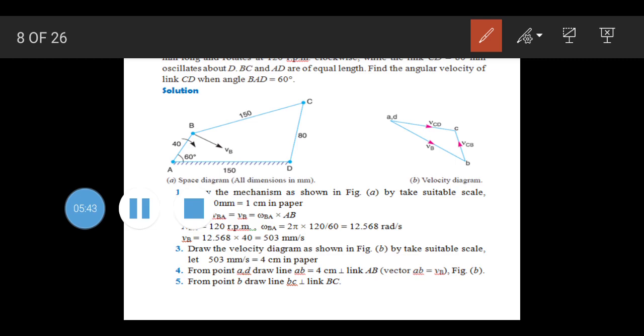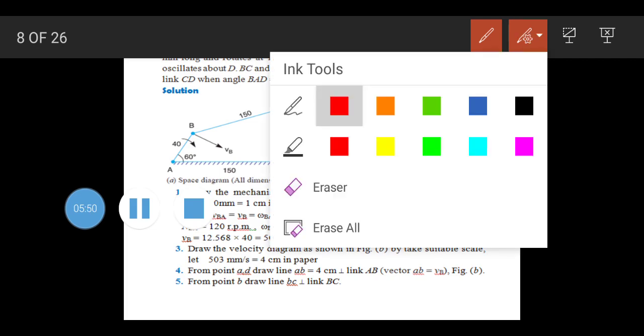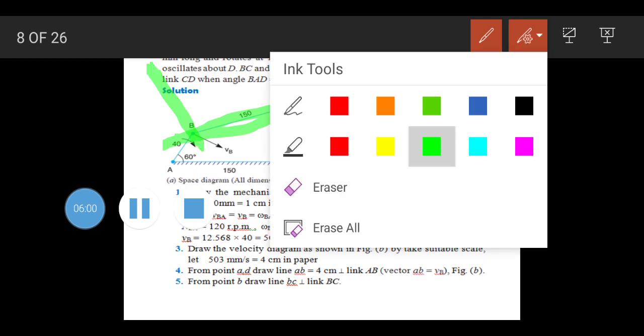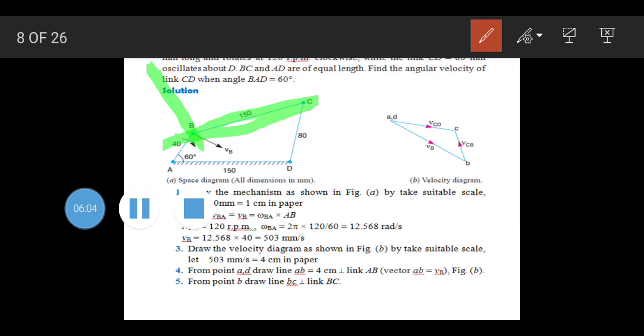Now from point B we have to draw a line which is perpendicular to BC. If this is my BC, the perpendicular line will be like this. So we have to draw a line which is perpendicular to this, parallel to this.